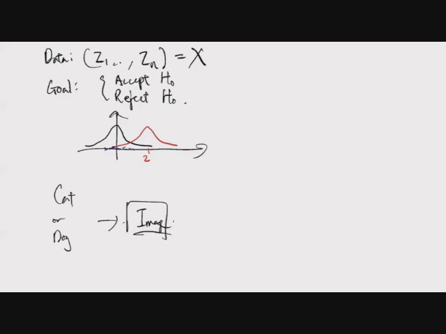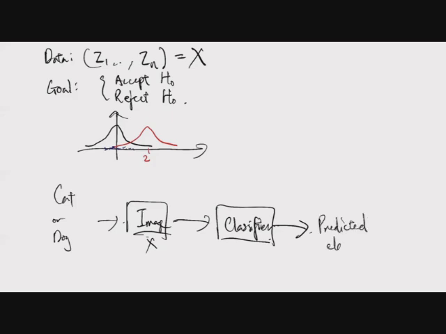This image is your data, call it X. You put the data into a classifier, and out from the classifier you have some predicted class, which is cattle dog.